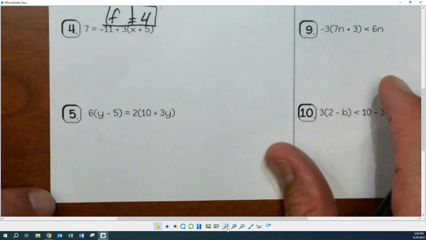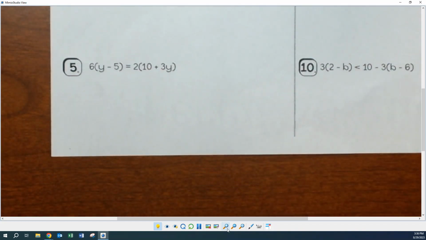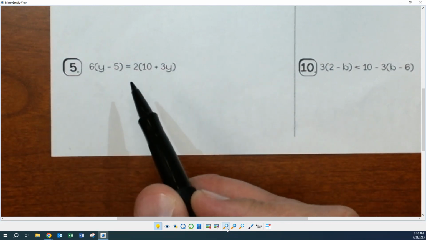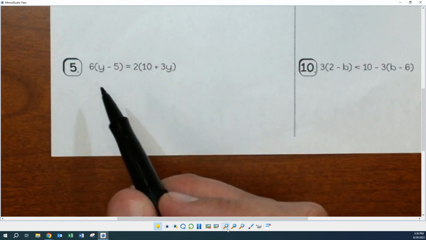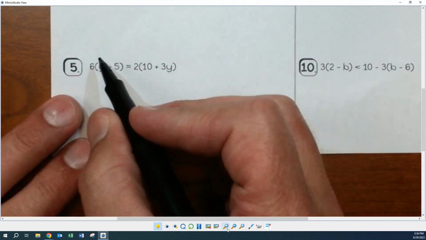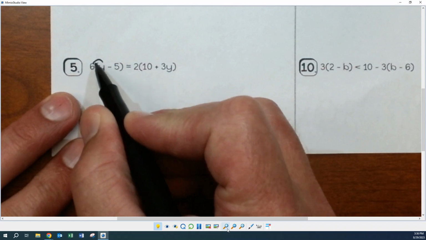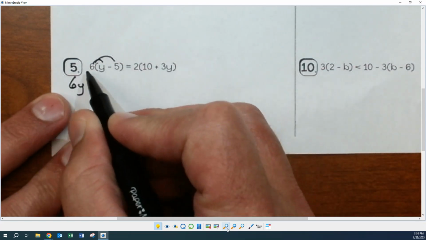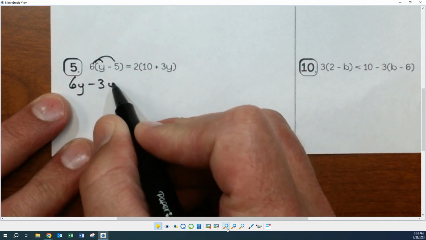In problem number 5, I'm going to go back to our original method, which is to distribute, move the smaller variable, and then solve a two-step equation. So my first step is to distribute. 6 times y is 6y. 6 times negative 5 is negative 30.